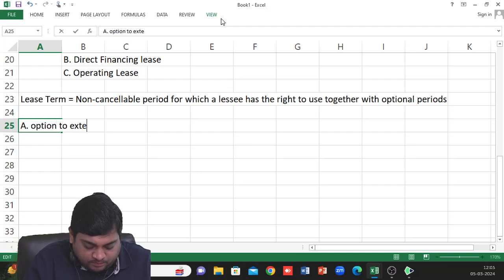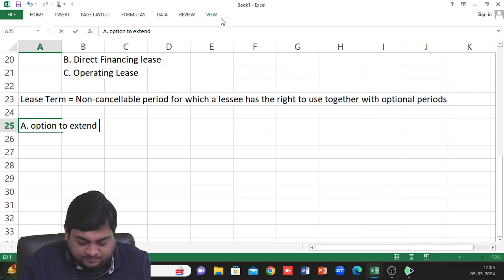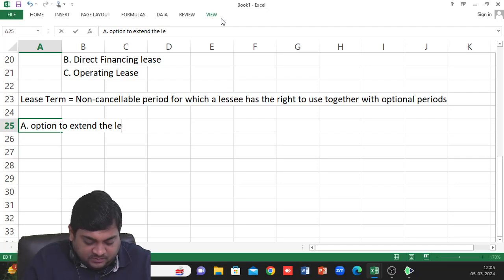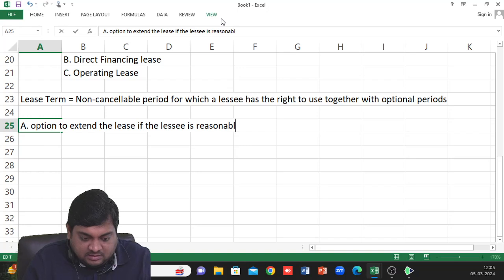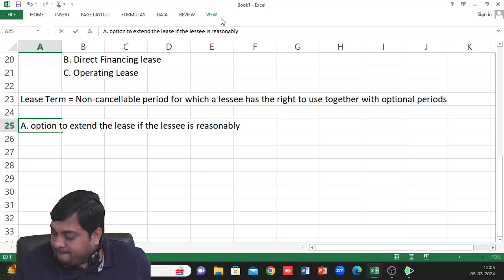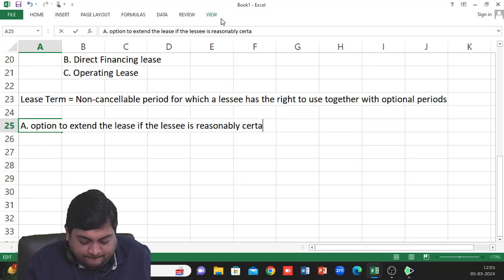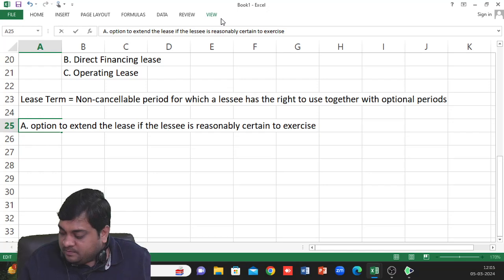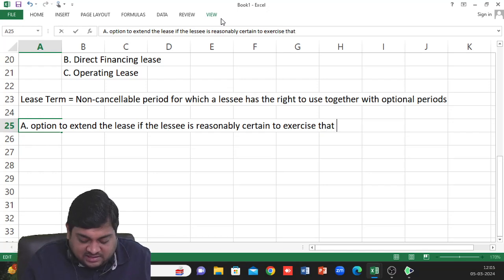Option to extend the lease if the lessee is reasonably certain to exercise that option.